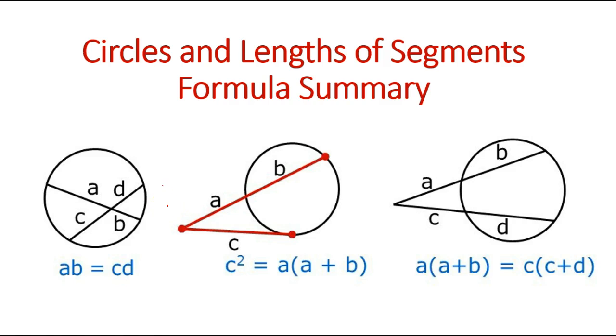You add it up first, and then you multiply by the part that sticks out, which equals the tangent multiplied by itself. And when you have two secants, you add them up and multiply by the part that sticks out, which equals the length of the whole other secant times its part that sticks out.